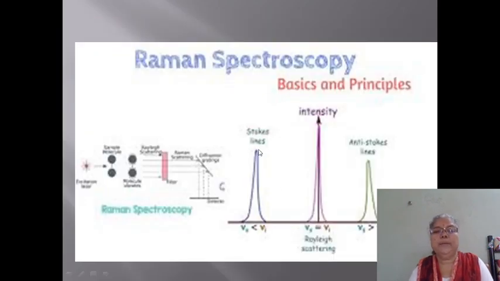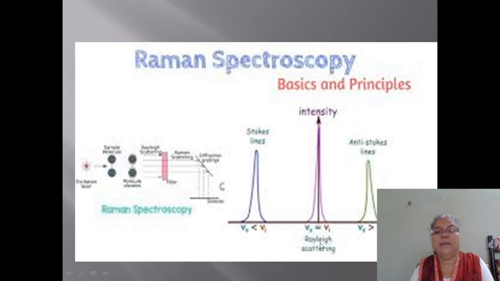Then the explanation of Raman spectroscopy with the help of quantum theory. You know, here a rotating molecule, due to absorption of light radiation, has the same frequency here, and these lines are more intense.